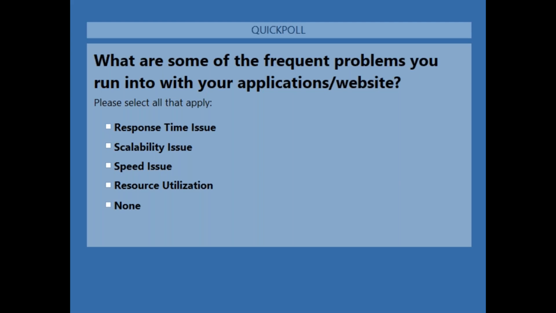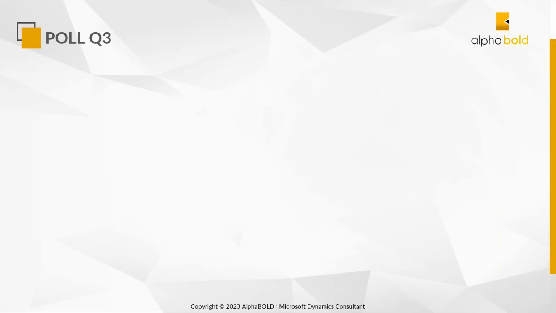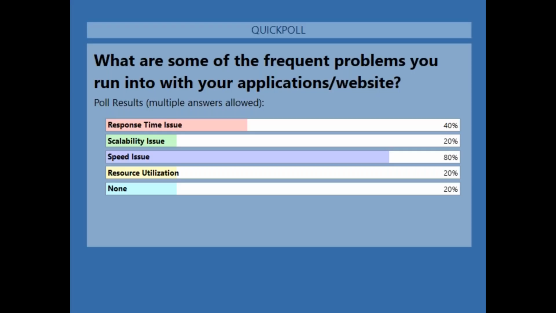For those of you that shared none, thanks for joining. I don't know if we can help you out. Okay, I'm going to share the results with you. It looks like speed issue is the number one issue across the board here. Zoeb talked about how there could be several factors that we could take a look at to help you get a better understanding of what's going on.